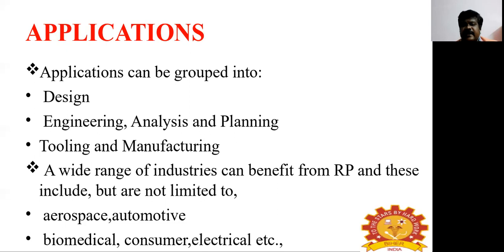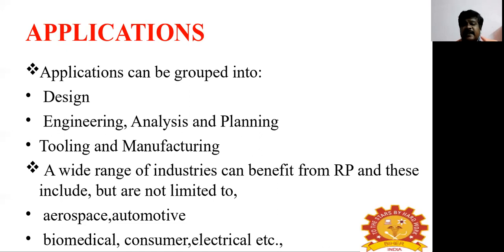Engineering can be any type of engineering, whether mechanical or automobile. In all the engineering applications, RP plays a main role, even in analysis, in planning, in tooling, rapid tooling, then in manufacturing industries. So we have seen the wide industries, the aerospace, then the automotive industries.